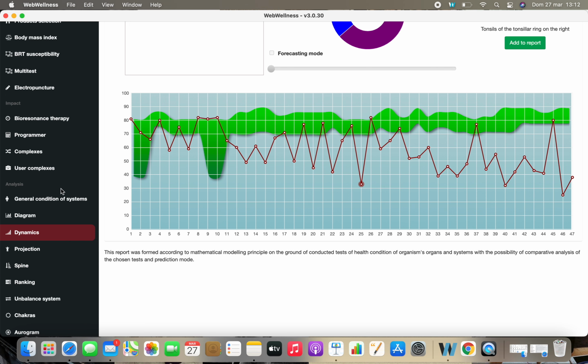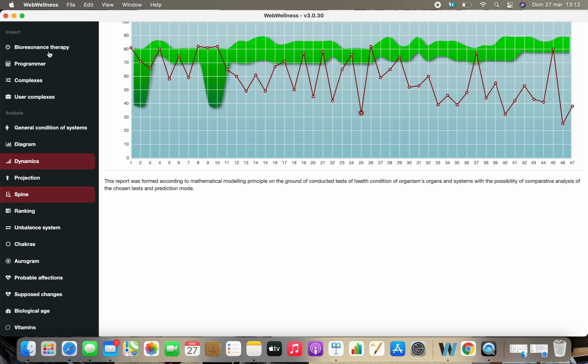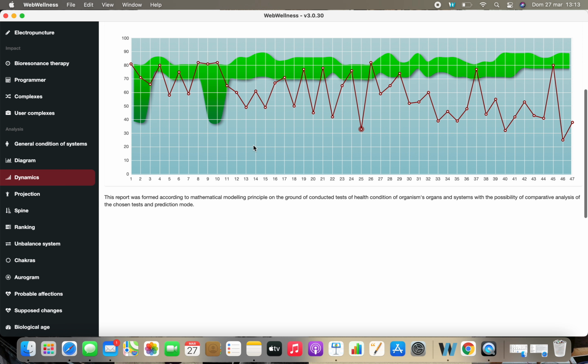So we measure organs and systems and all the parts of analysis, which is general condition, diagram, dynamics, then spine, unbalanced system, orogram. All these parameters are about just this one measurement, but it is shown on a different range. Also ranking as well. Organs and system measurement, but the diagram is different.